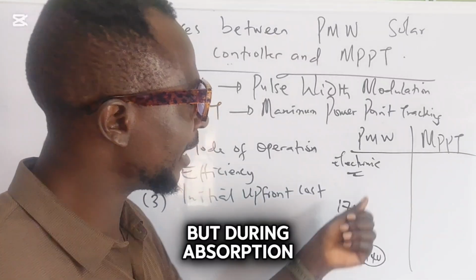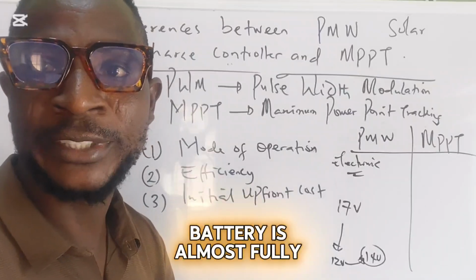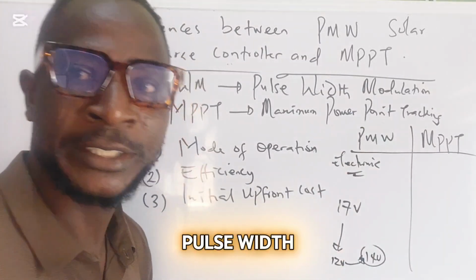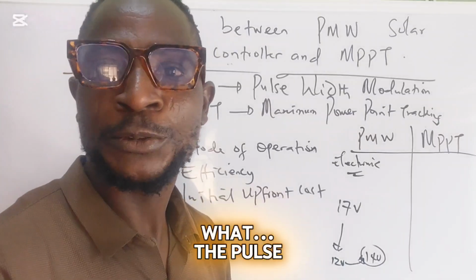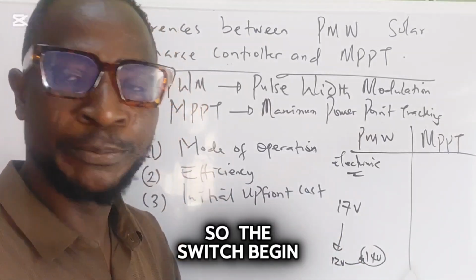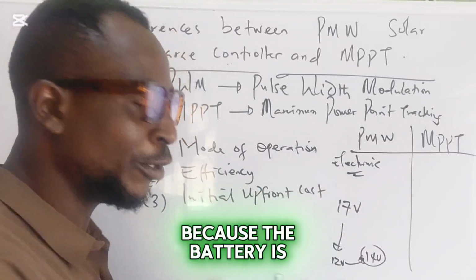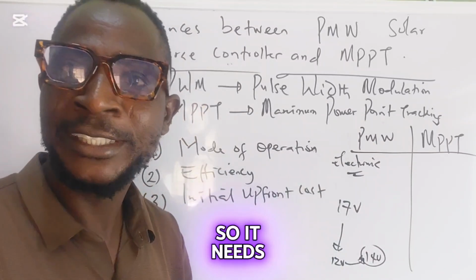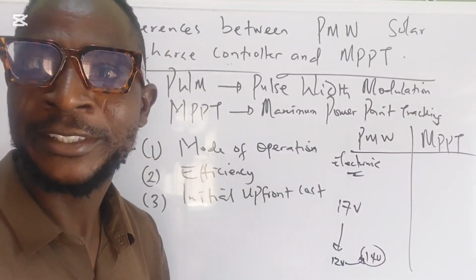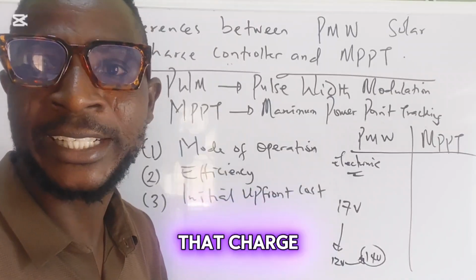But during absorption charging, that is when your battery is almost fully charged, it activates what we call the pulse width, the on and off in cycles. So the switch begins to come on and go off. It does that because the battery is almost fully charged, so it needs a small amount of power to get fully charged and to keep maintaining that charge.